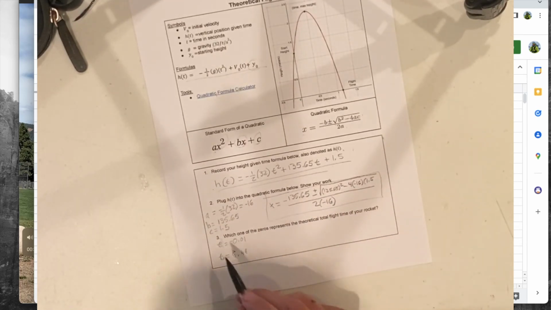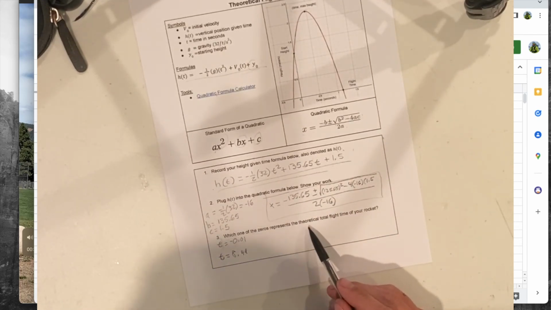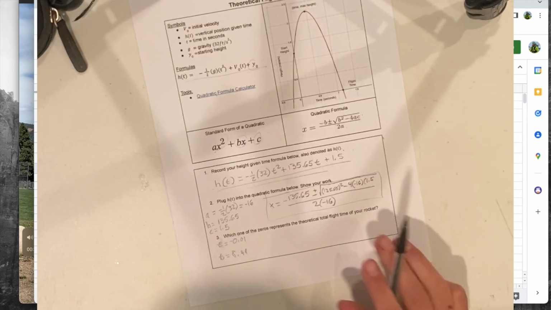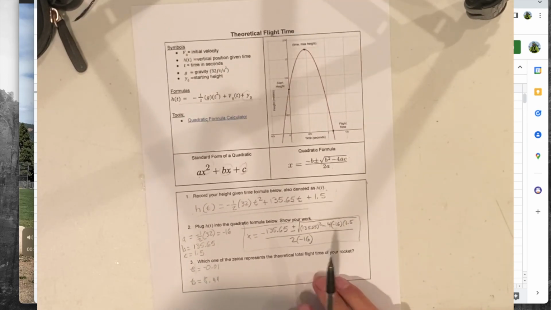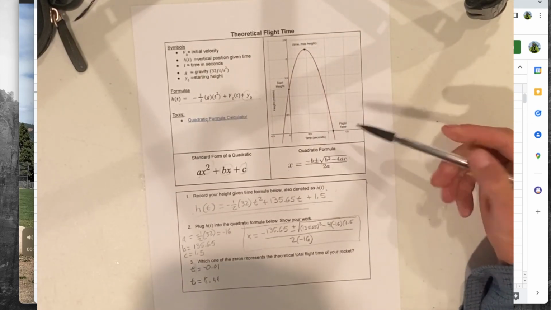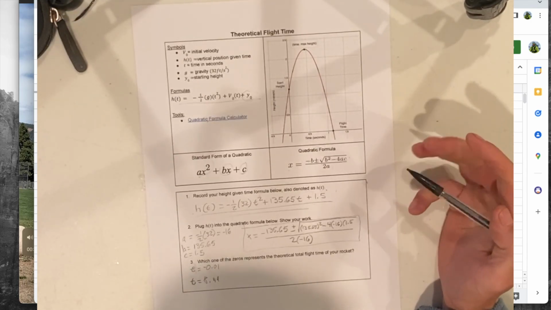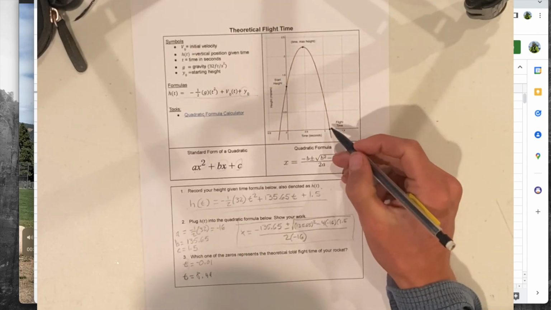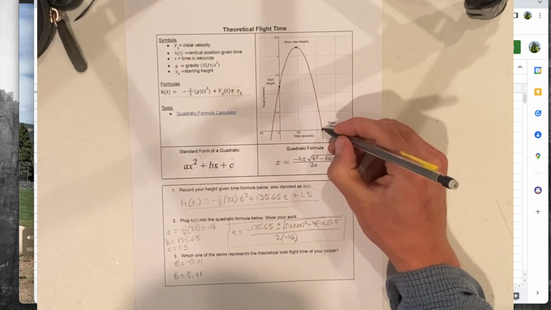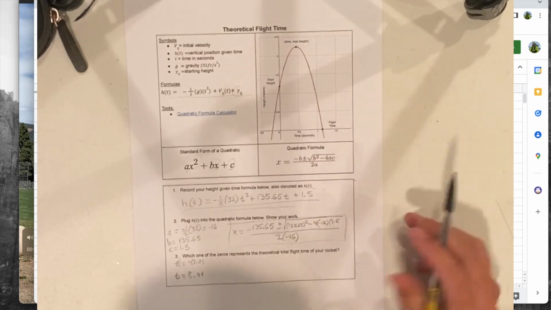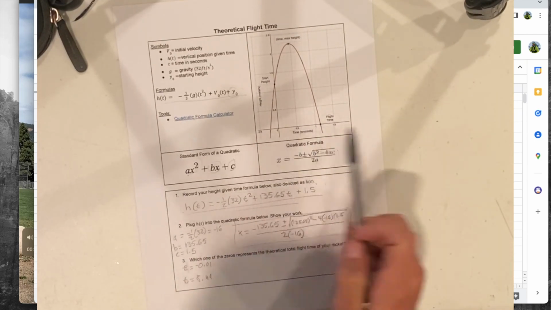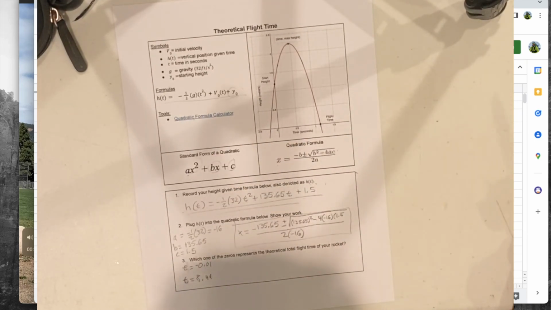And so which one of these zeros represents the theoretical flight time of our rocket? And what I want you guys to observe is this graph here. What the quadratic formula tells us are the 2 places where the curve crosses the x-axis, right there and right there. However, the horizontal axis represents time. And so one of our times is negative. And we can't really go back in time.